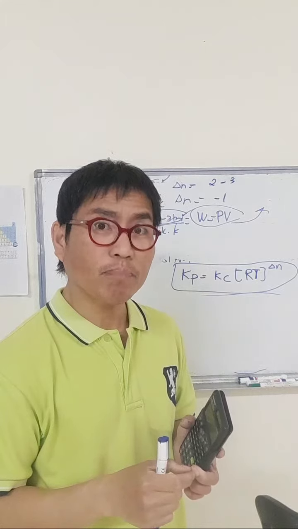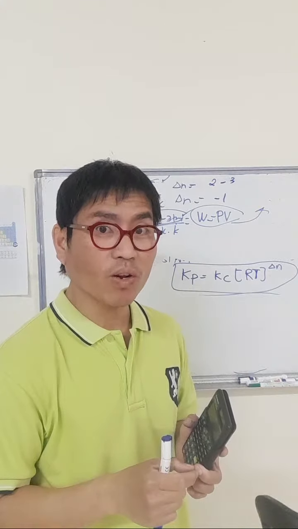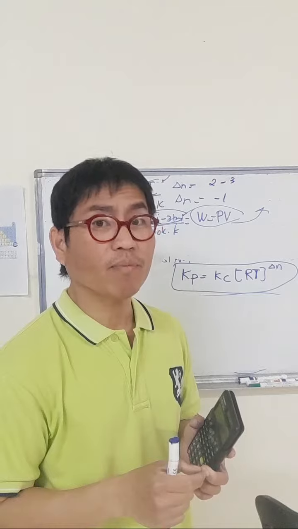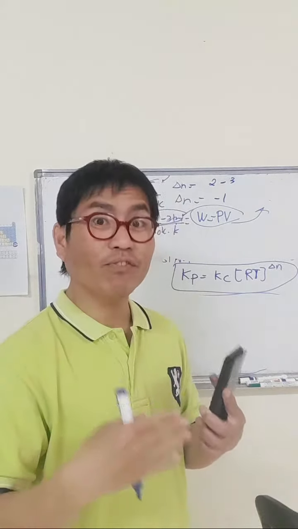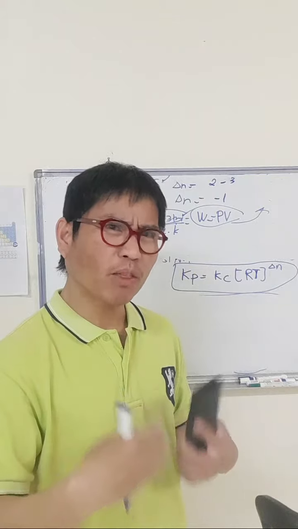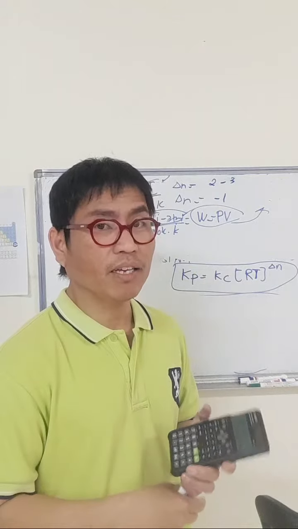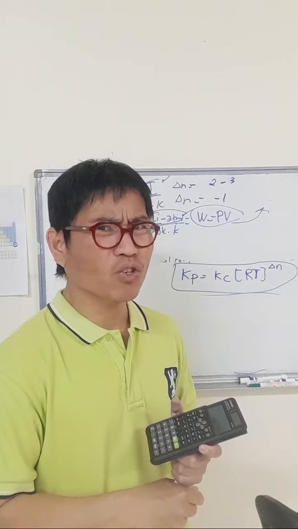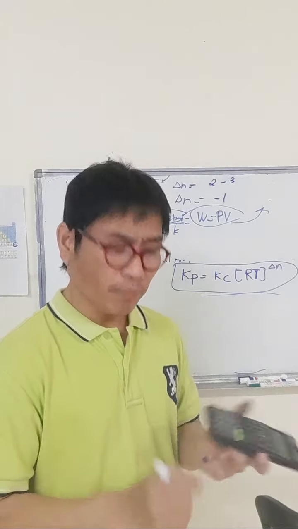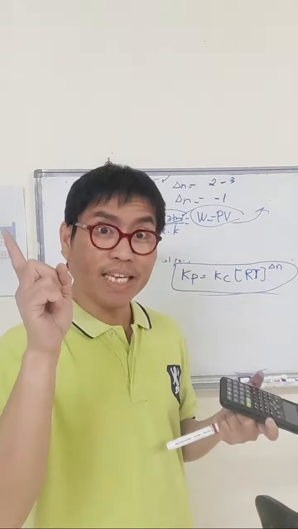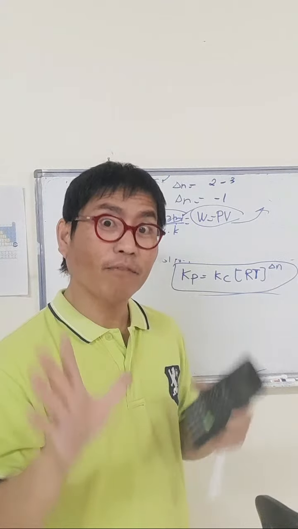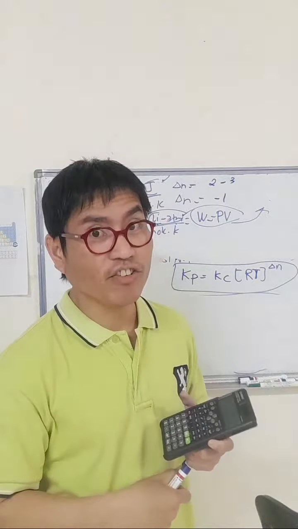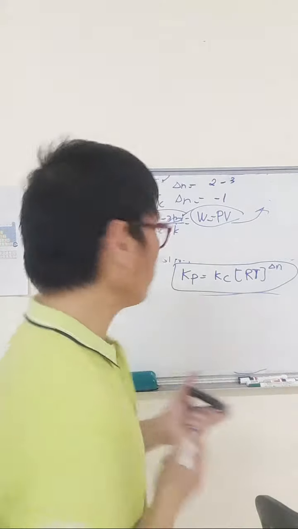W is equal to P times delta V, or work is equal to the pressure times the change in volume. But normally, in basic problems, there's no change in volume, so we treat delta V as just V if there are no changes. That's why it is pressure times volume.